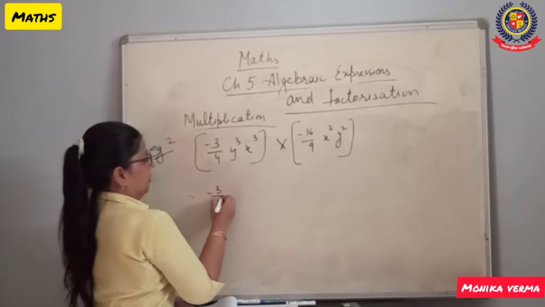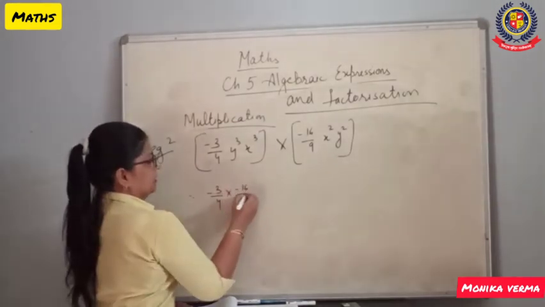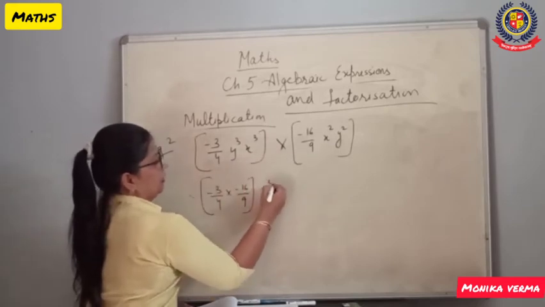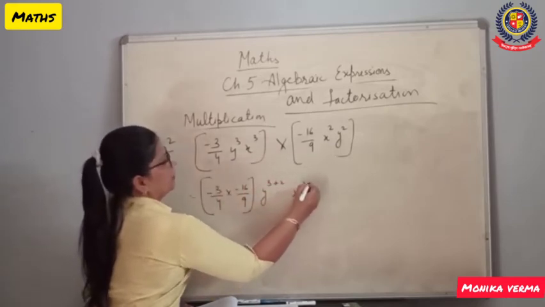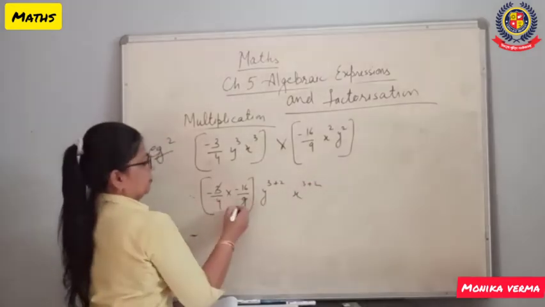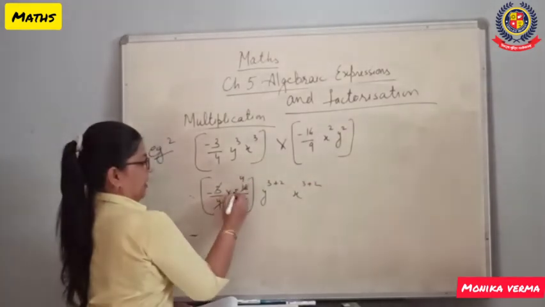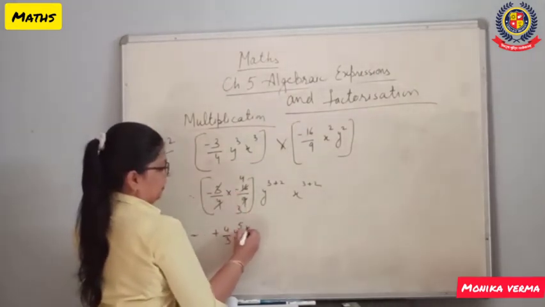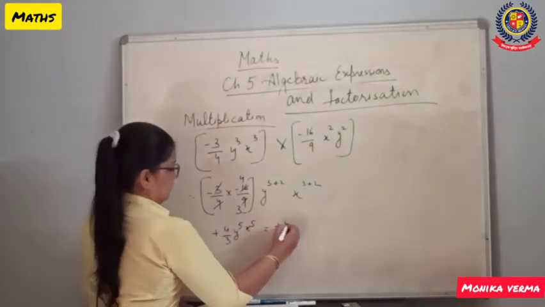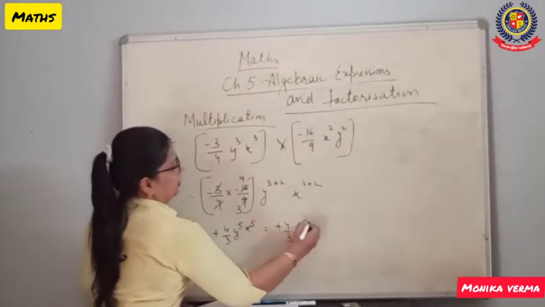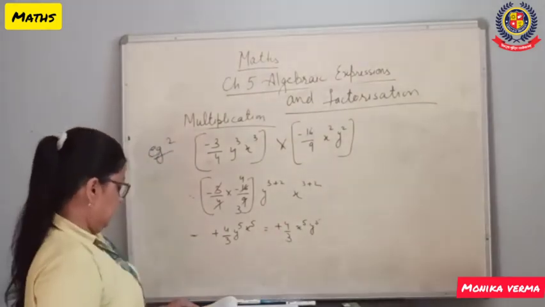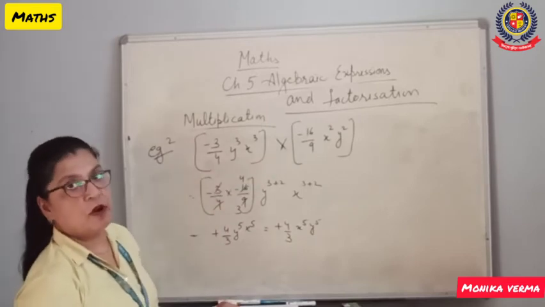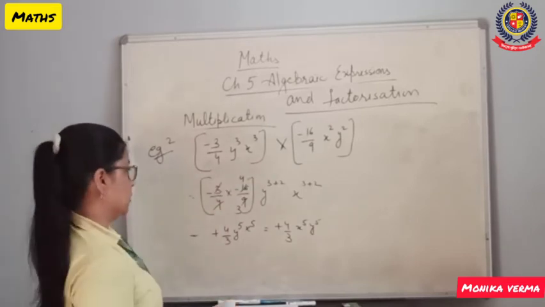So minus 3 by 4 into minus 16 by 9, then y 3 plus 2, x 3 plus 2. 3 3s are 9, 4 4s are 16, minus into minus plus, 4 by 3 y 5 x 5 or plus 4 by 3 x 5 y 5. Am I clear? What we have done? We have solved the numeric part, we have solved the sign, then we have solved the variable part also.